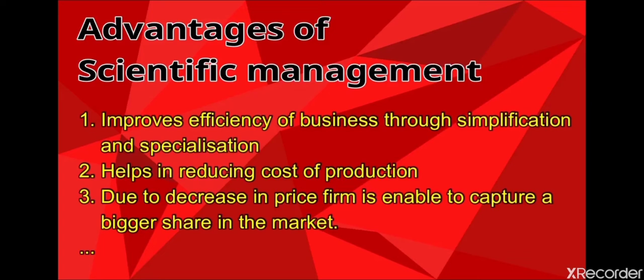Number 3, due to decrease in price, firm is enabled to capture a bigger share in the market. Like when the prices of the firm are decreased, then the firm is able to capture the bigger share in the market, because as we have studied, the lower the price, higher the demand. Clear?